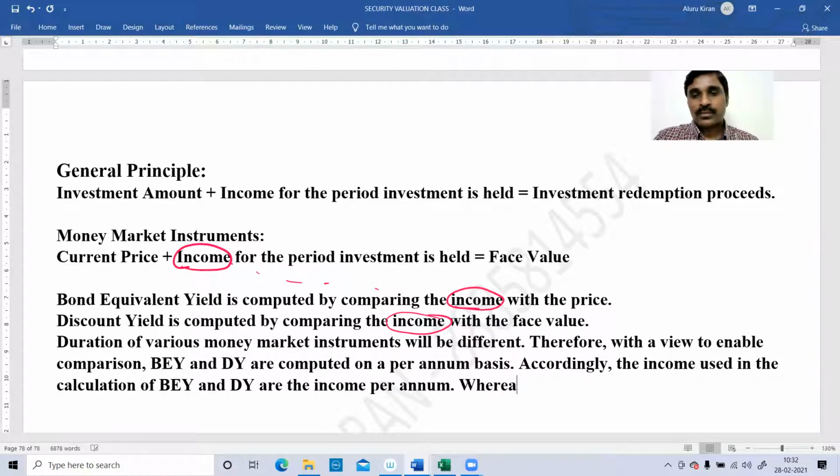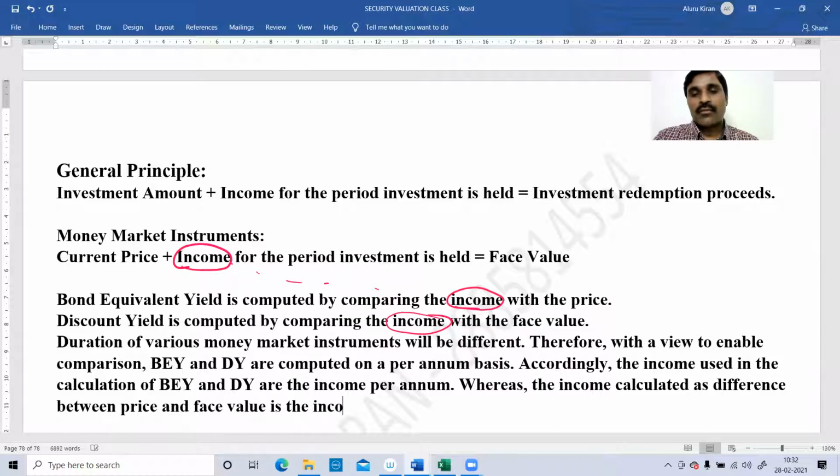Whereas the income calculated as the difference between price and face value is the income for the holding period.